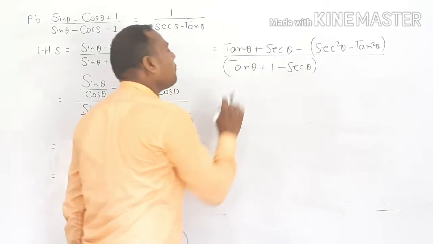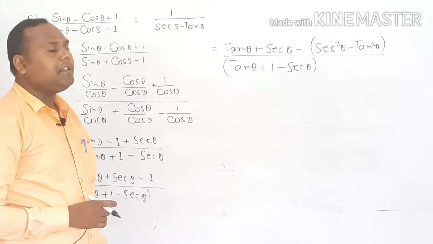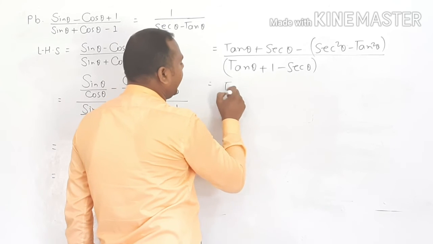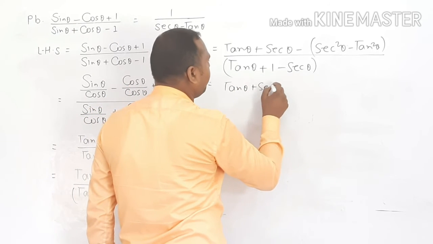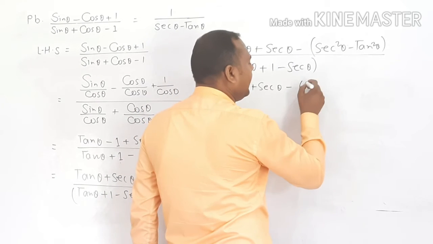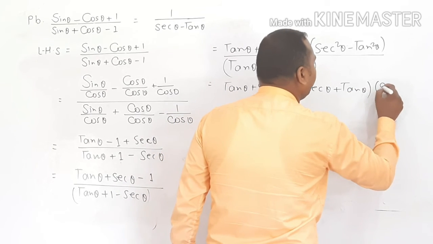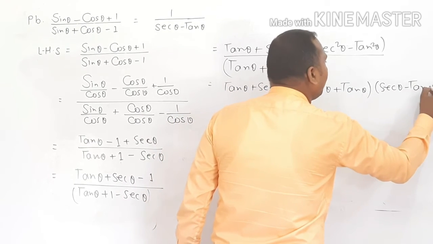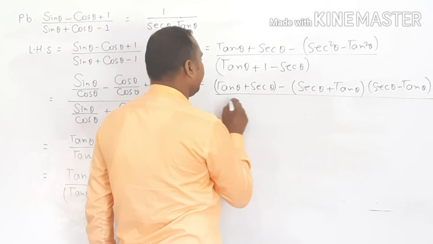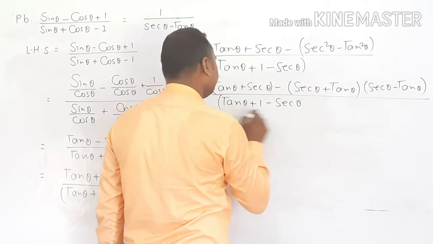Why so? Because we want to cancel this term. After taking the common factor, the numerator can be written as (sec θ + tan θ)(1 − sec θ + tan θ) divided by tan θ plus 1 minus sec θ.